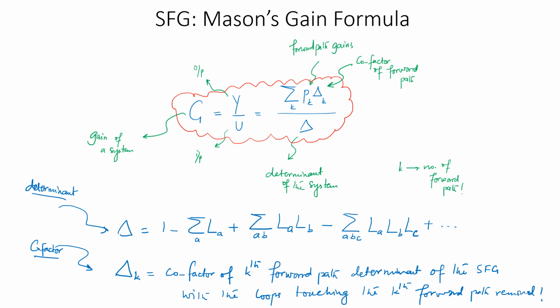So you are going to find out the cofactor of that kth forward path with the loops which are touching the kth forward path removed.